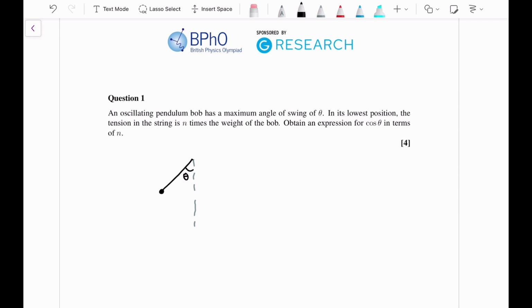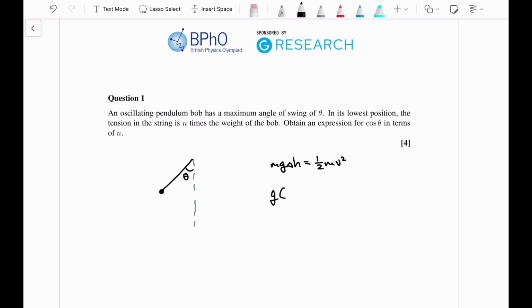First of all, the conservation of energy. Basically we can cancel out the m. So what is the change in height?